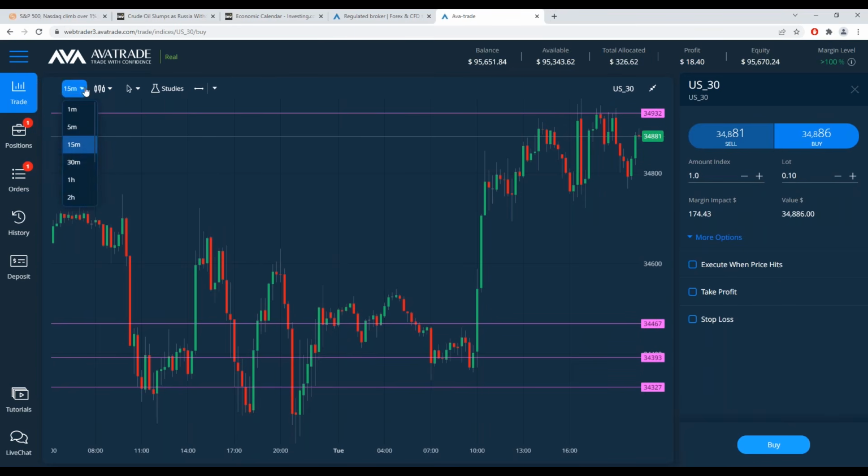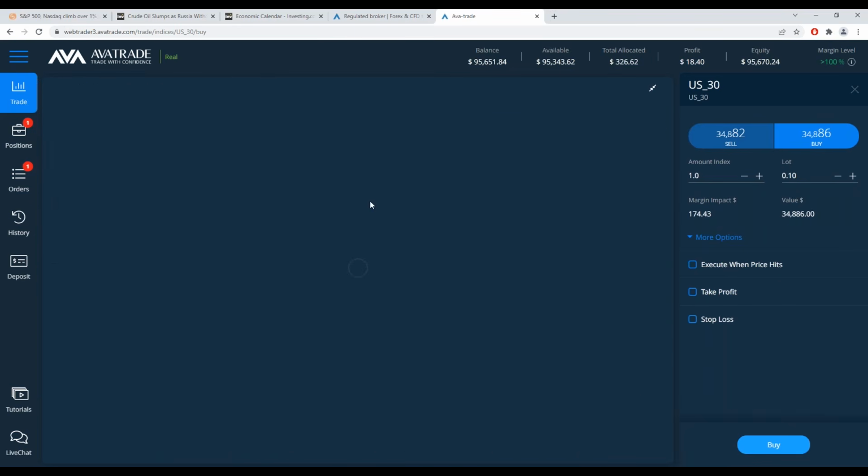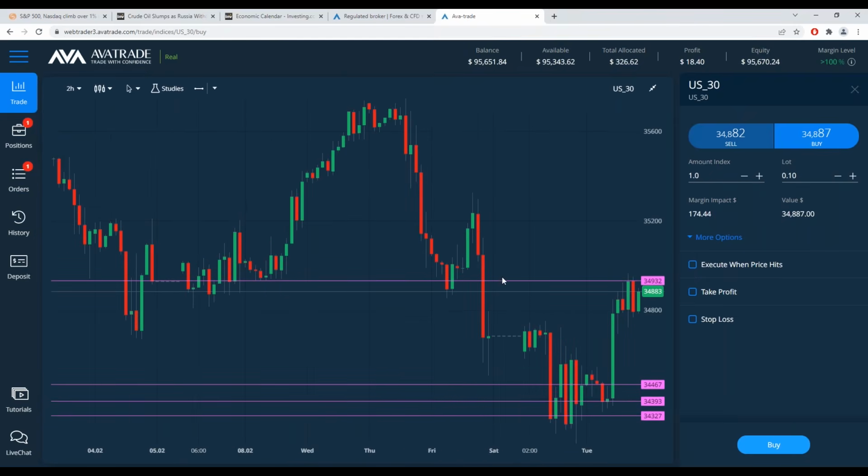So we see some resistance. Let's go to the larger candles, 2 hours. We see why the resistance formed here. It's classic. It happens time and time again with risk management. We see this was an area of support and resistance, support, support, support, support, breakthrough becomes resistance right here. So this price level, it makes sense that there's some resistance there.